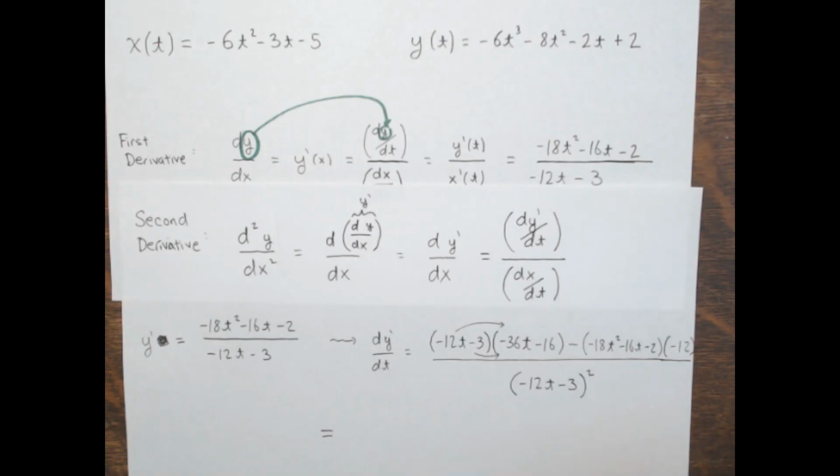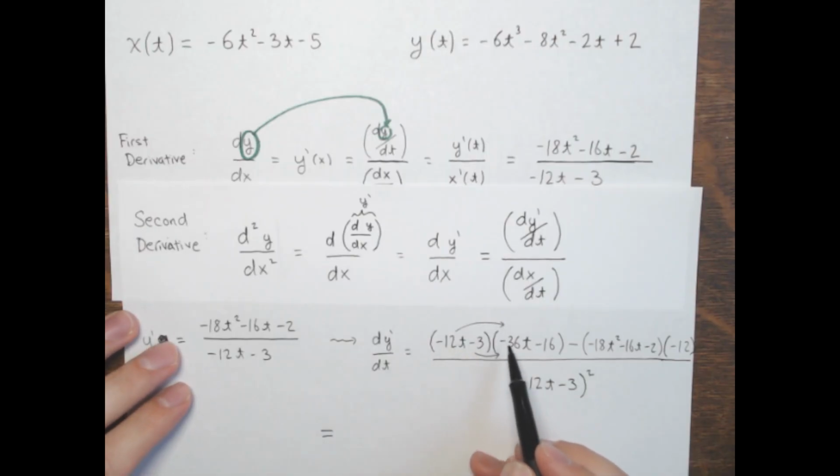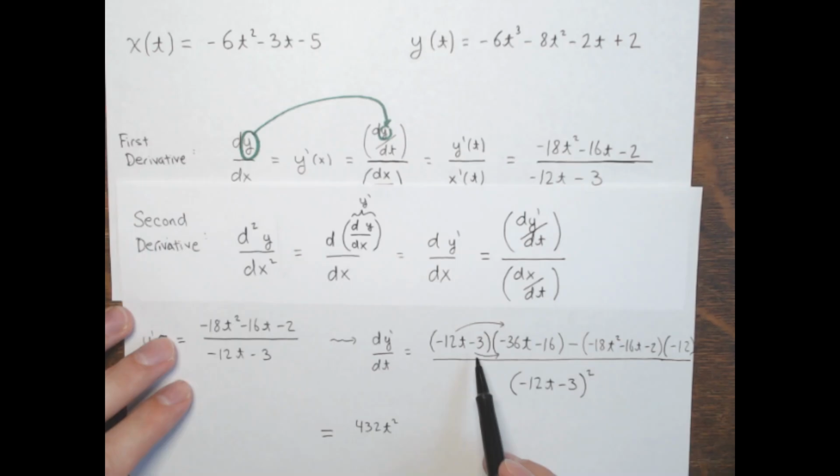Let's see, negative 12 times negative 36. So that'd be a negative 12t times negative 36 would be positive 432t squared. And then I'll just keep the t terms. We'll put all this stuff together after this.